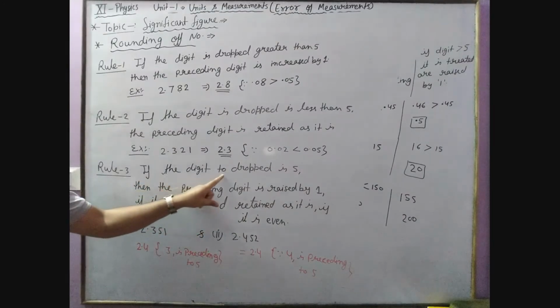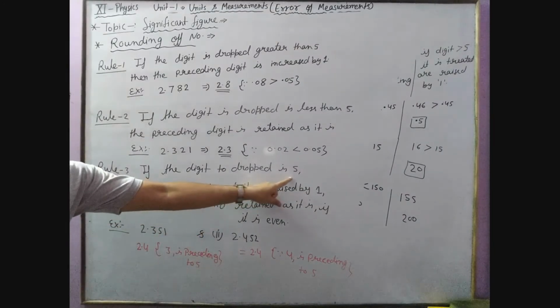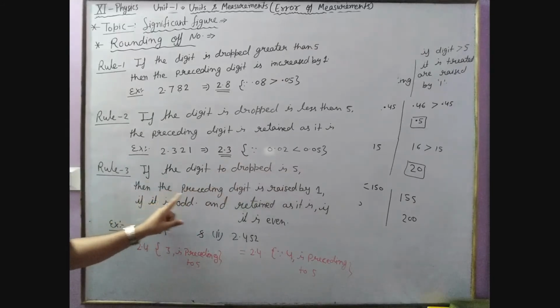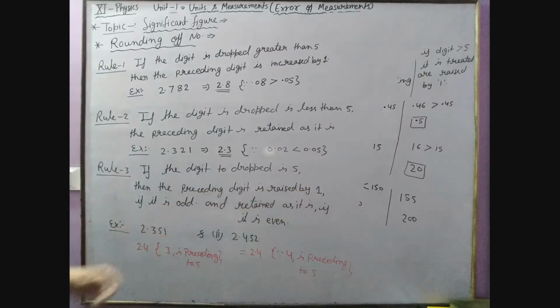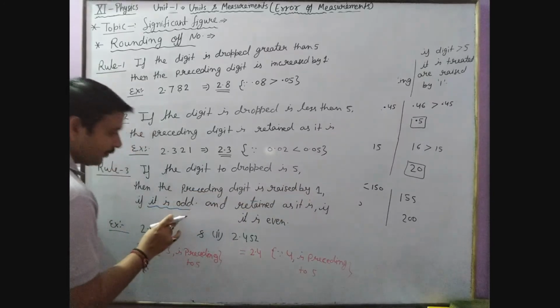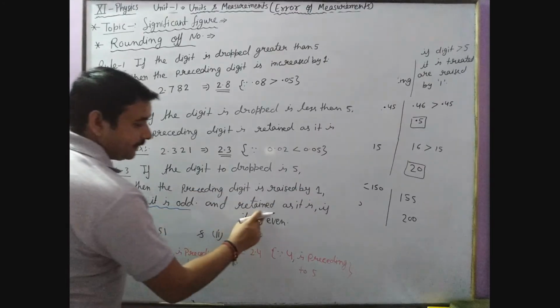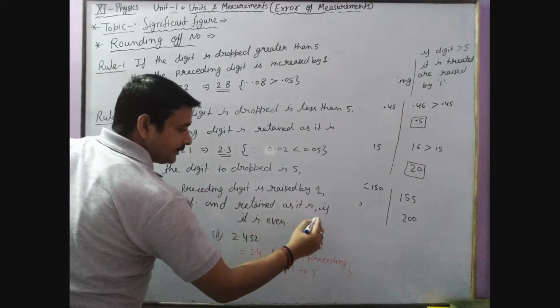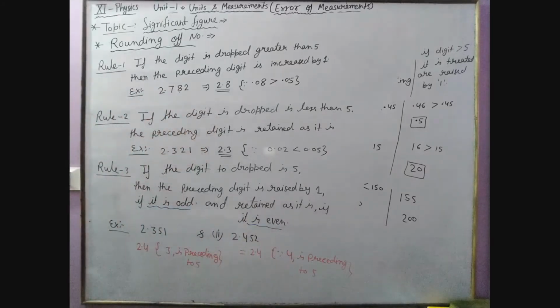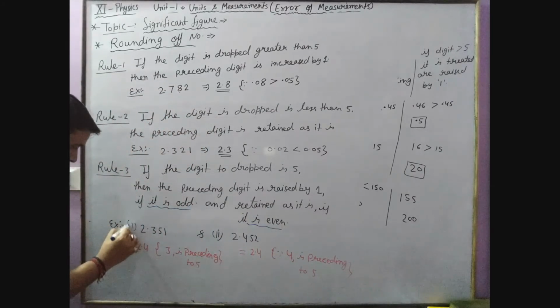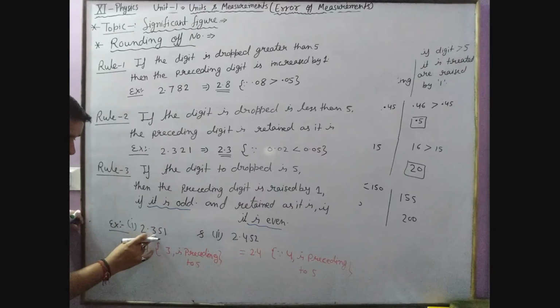If the digit to be dropped is 5, then the preceding digit is raised by 1 if it is followed by an odd digit and retained as it is if it is an even digit. Okay, now in the example first, we have 2.351.